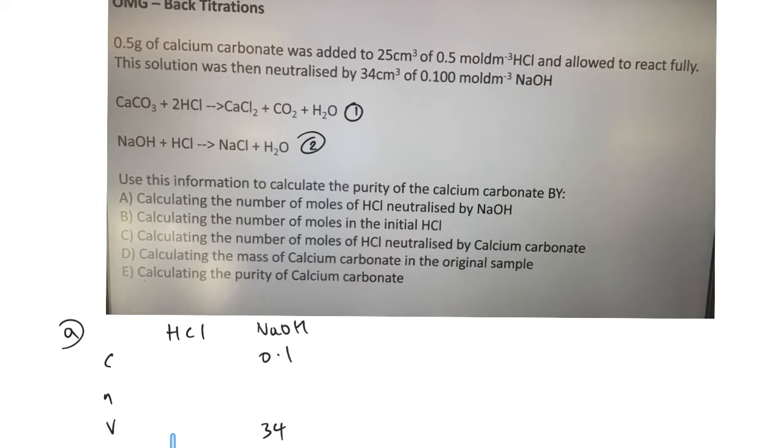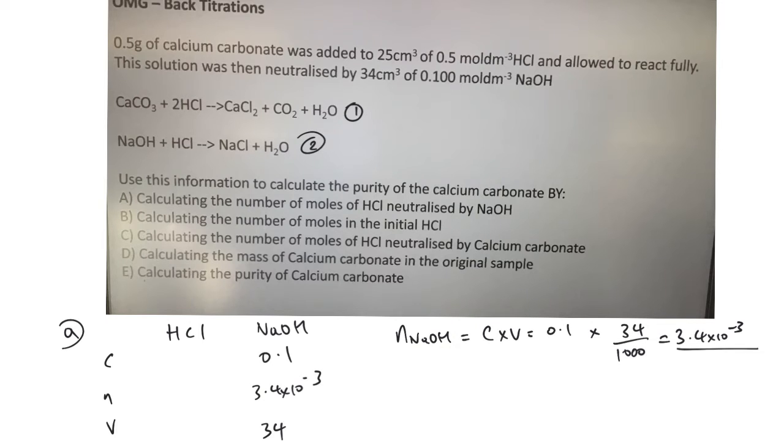I don't know the specific volume that was left over, so I can't really fill in anything. So the first thing I want to do is calculate my number of moles of sodium hydroxide. I'm going to do that by doing concentration times volume. So 0.1 times 34 divided by 1,000. That is going to give me 3.4 times 10 to the minus 3. So that's my answer to A.